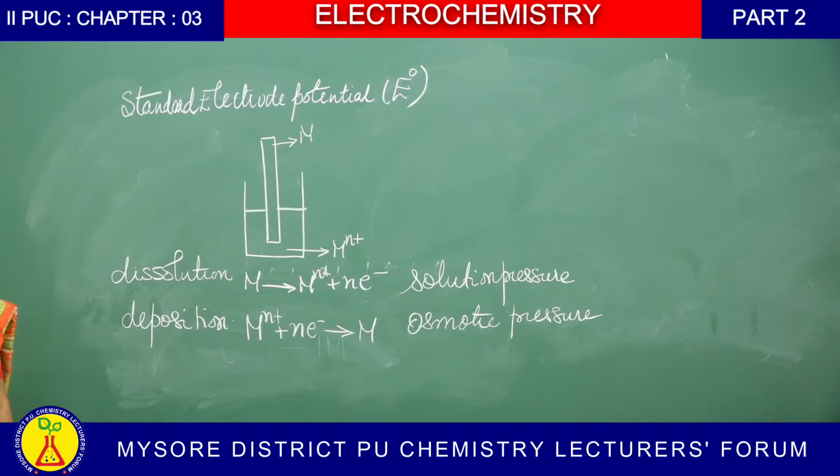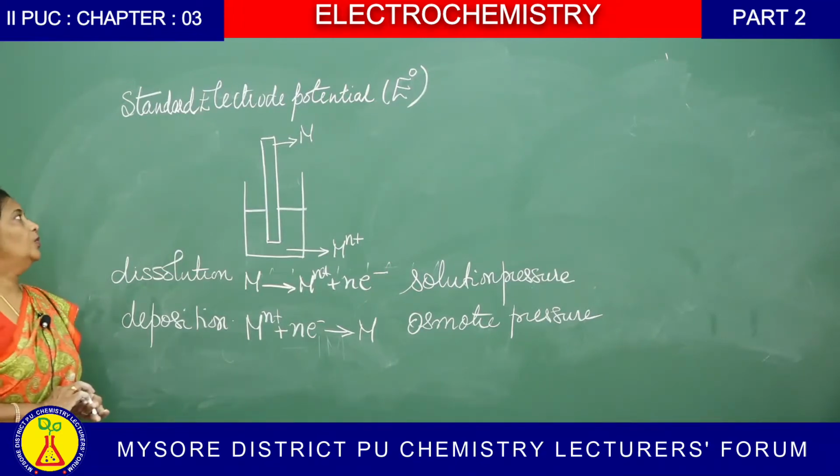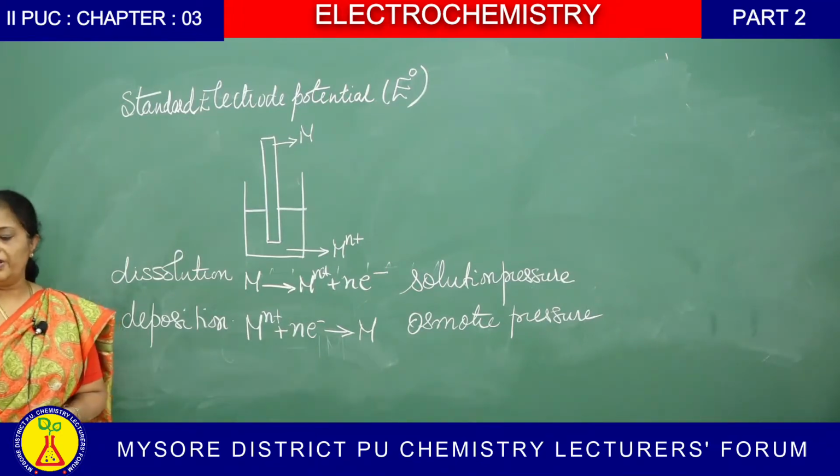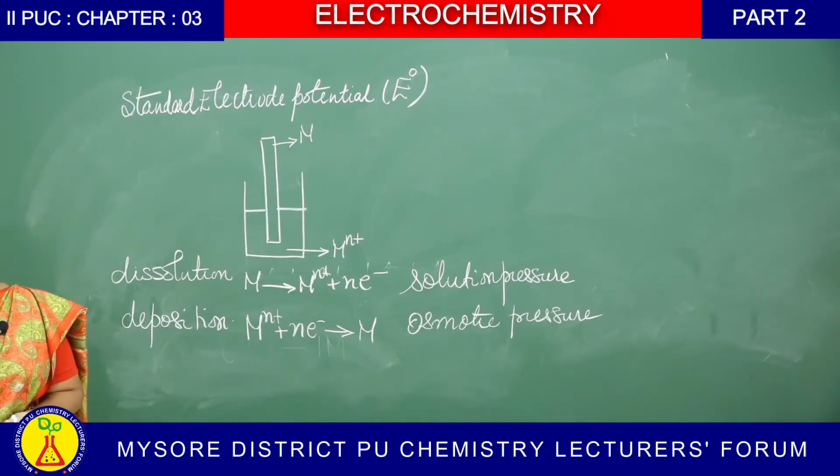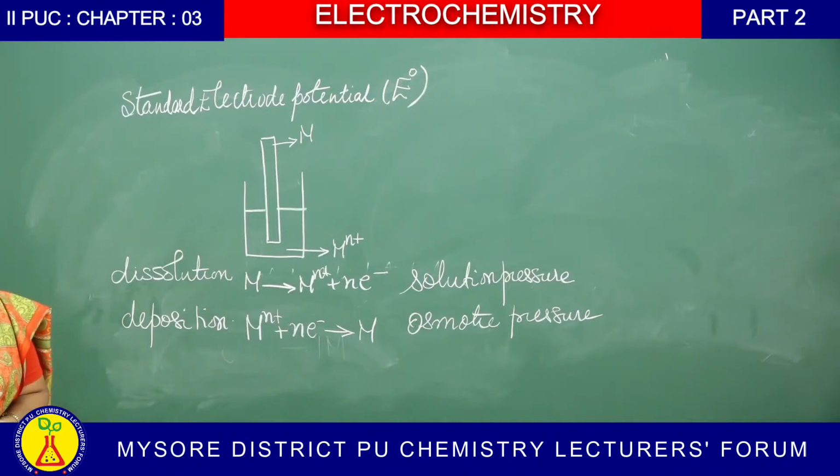Now, let us see how an electrode will attain a positive charge, and how an electrode will attain a negative charge. For this I will take zinc as an example, from our galvanic cell.